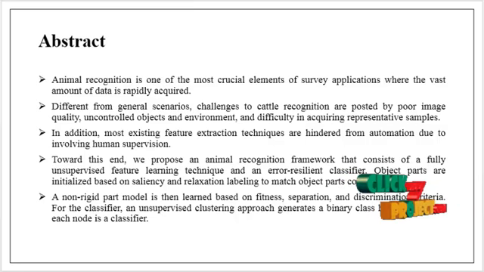A non-rigid spot model is then learned based on fitness, separation and discrimination criteria. For the classifier, the unsupervised clustering approach generates a binary class hierarchy where each node is a classifier that determines whether the connected feature is available or not.